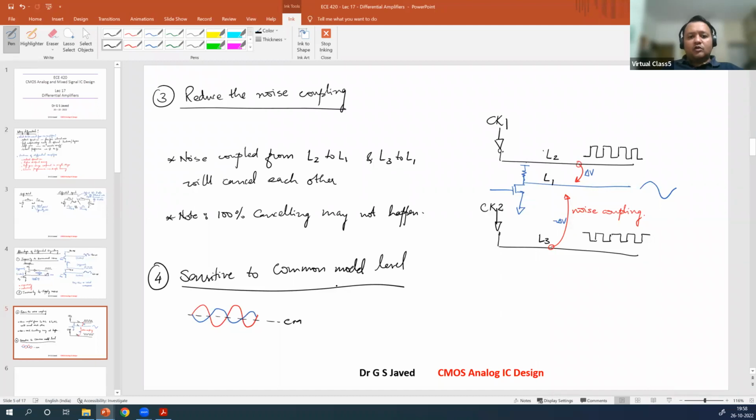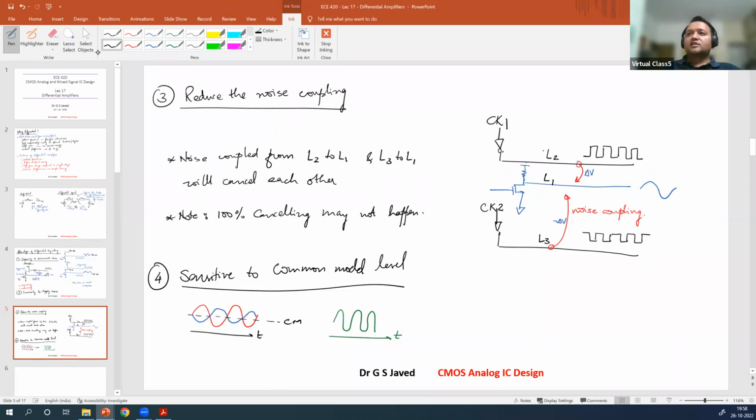Now, if the common mode level is optimal, what will happen? These two will amplify. Okay. These two will amplify when their graph is with respect to time. Now, what happens if this common mode level shifts upwards?